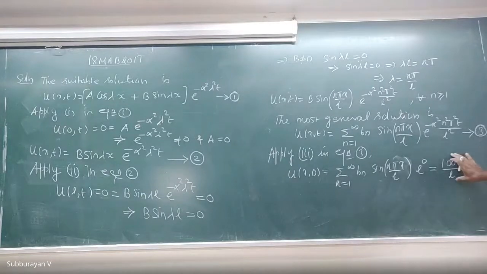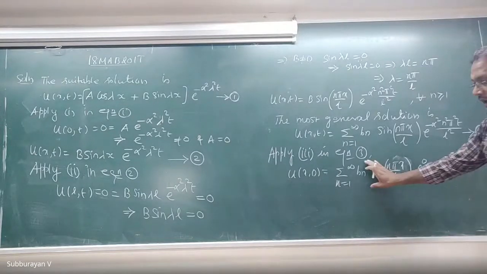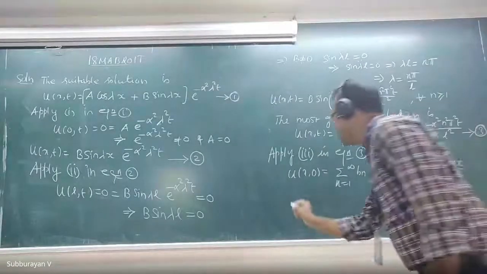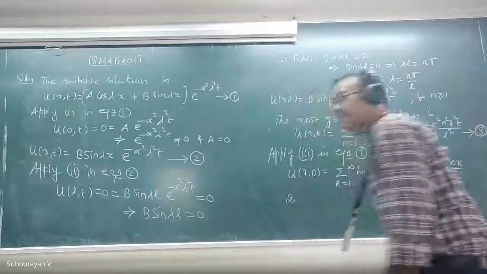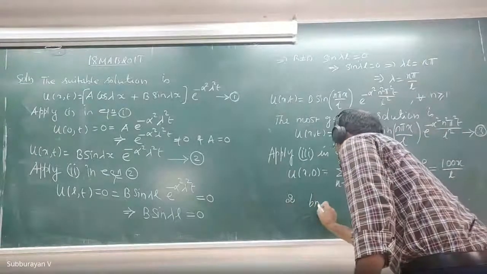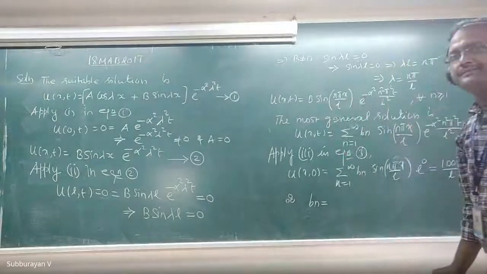See, this is some algebraic function and this is a sine series expansion. Therefore, by half range sine series expansion, what is our Bn? What is the formula for Bn?